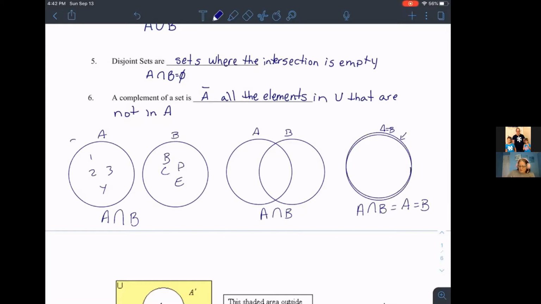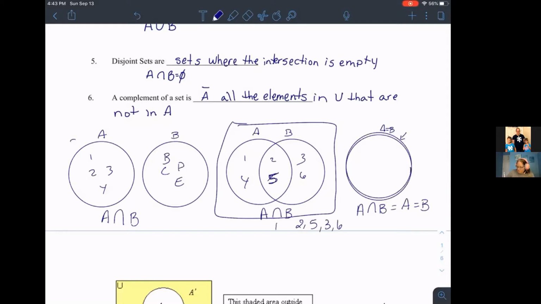So like a complement of set A, let's say we've got the 1, 2, 3, 4, 5, and 6. The complement of A would be everything in this group right here that's not in A. So we would have the 2, 5, 3, and 6.